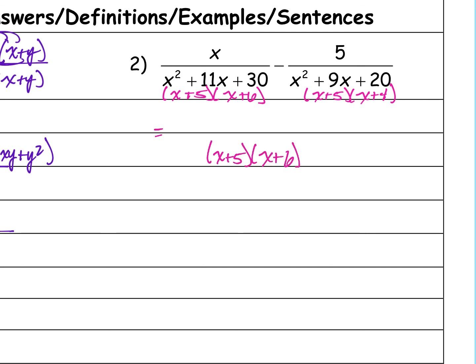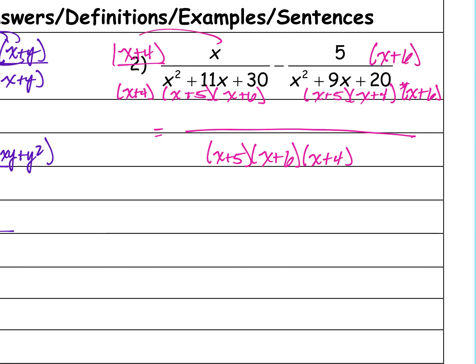What's in the second denominator that I need in my common denominator? The x plus 4. Good. So this one needs an x plus 4, and this one needs an x plus 6.